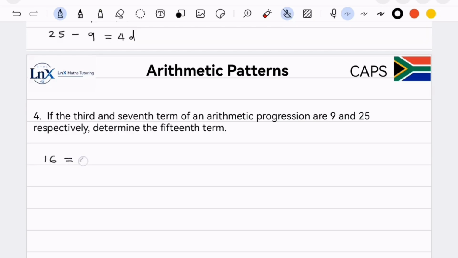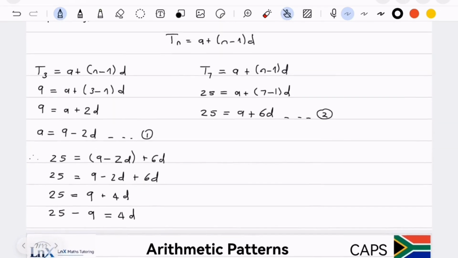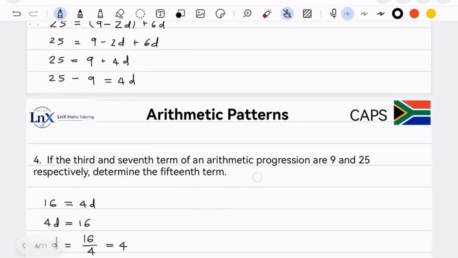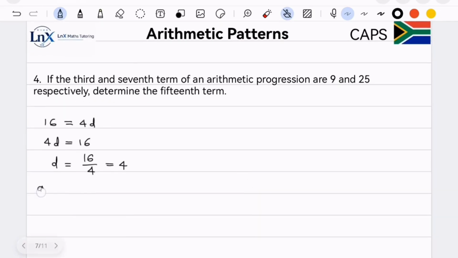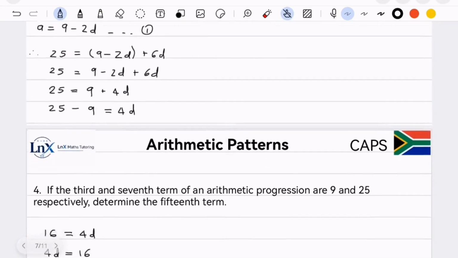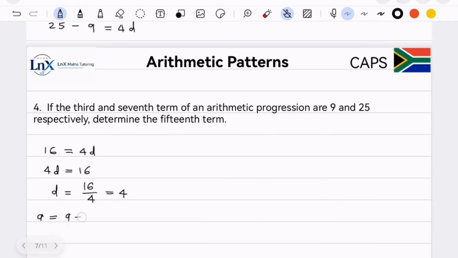So 16 equals 4d. We can even rearrange this to say 4d equals 16, same thing. So d equals 16 divided by 4, which will give us 4, right? So we know d equals 4. Then now what is a? What is a equal to? In the equation, we know a is 9 minus 2d.